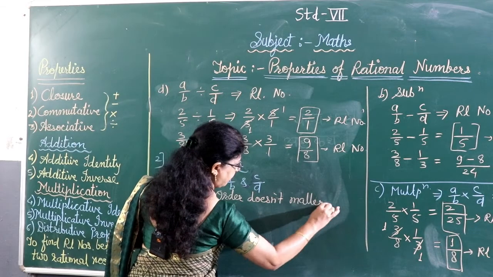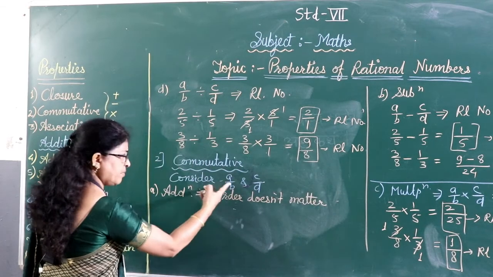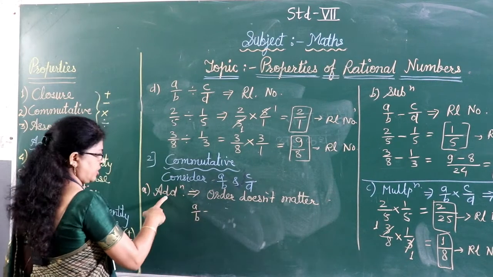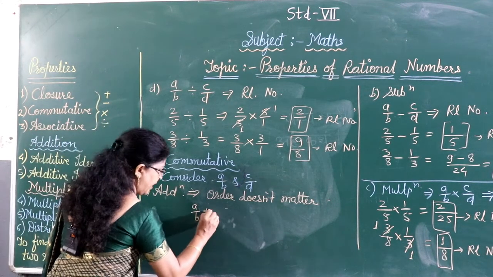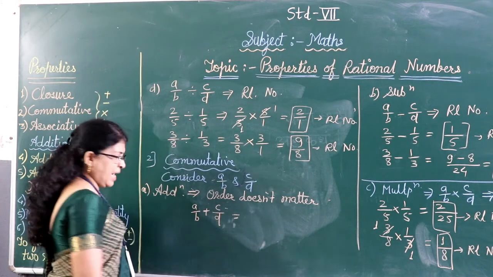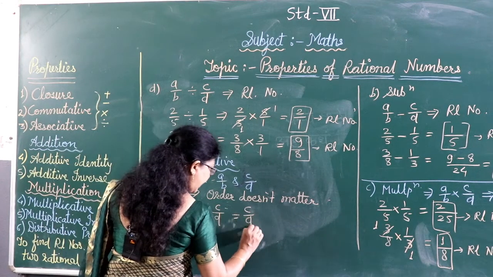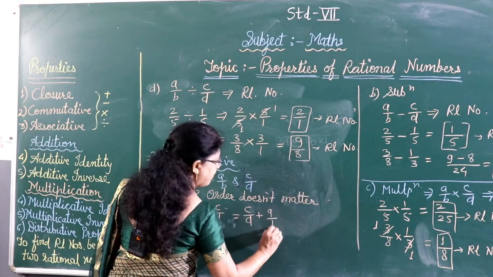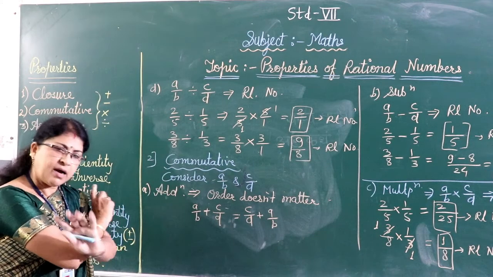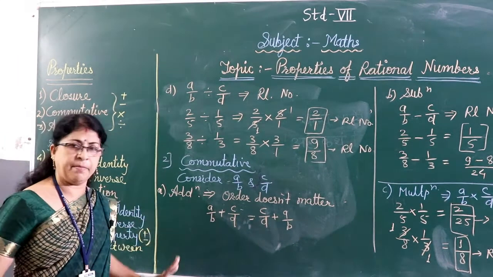We will write. Now, considering these two, if suppose we are talking about addition, so I will first add A by B plus C upon D. You may write it as C by D plus A by B, right? Even if you change their places, the answer will not change, the answer will be the same, right?